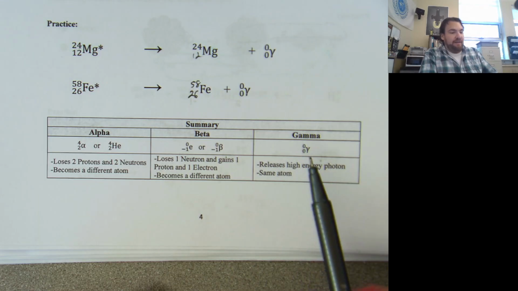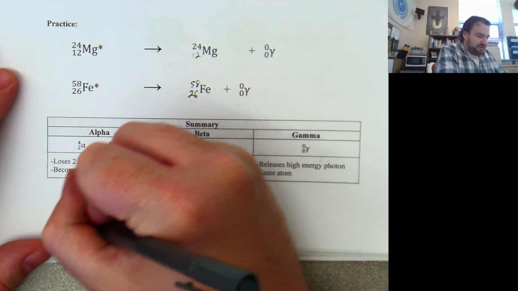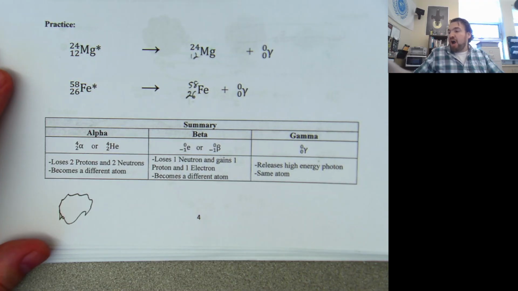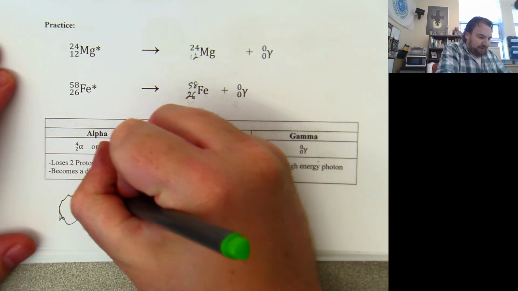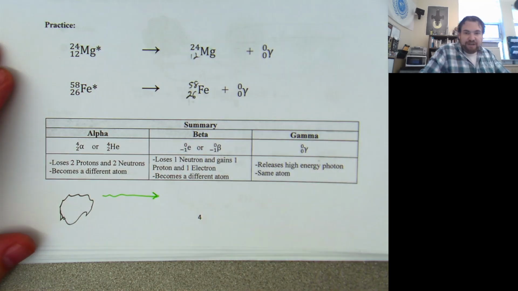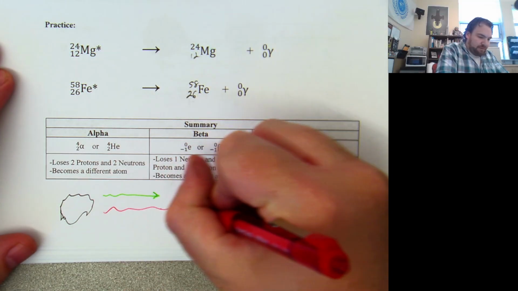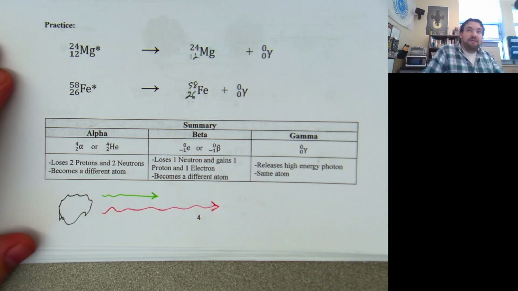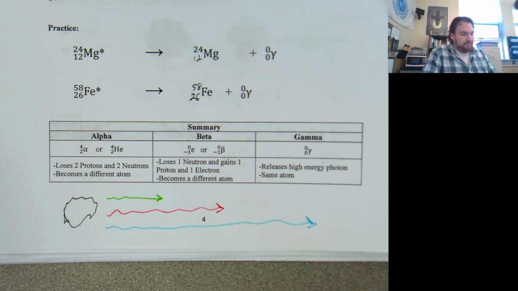So if we had a sample, let's say we've got a sample over here, whatever this is, some rock. And if this rock was emitting different kinds of radiation, alpha, beta, or gamma, there are different things we can use to block it.